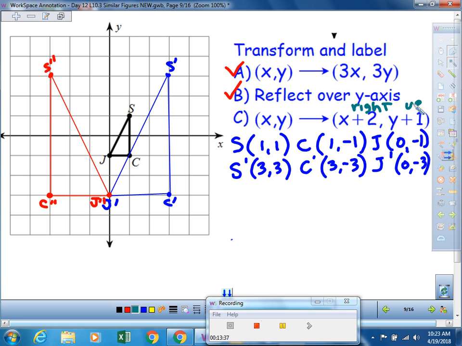So, the one we just drew, this one, we're going to go right 2. 1, 2, up 1, S triple prime. Right 2, up 1, C triple prime. J, right 2, up 1, J triple prime.